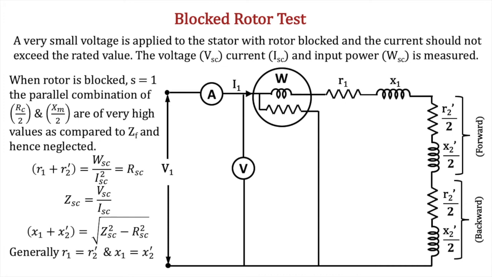ZSC will be equal to V by I measured at the short circuit condition, and you can calculate the equivalent reactance as X1 plus X2 dash equal to the square root of ZSC square minus RSC square. Generally, to segregate the stator and the rotor resistances and reactances, we take R1 equal to R2 dash and X1 equal to X2 dash when referred to the stator side.